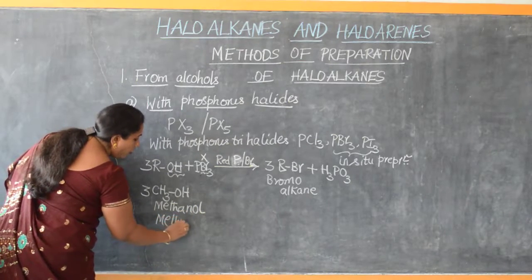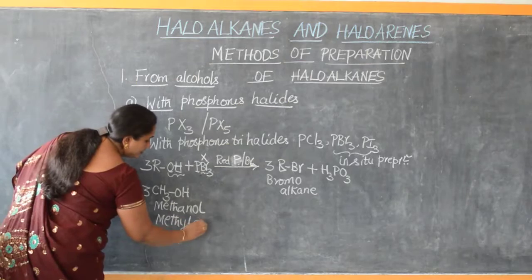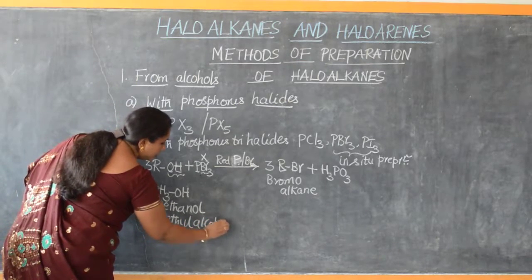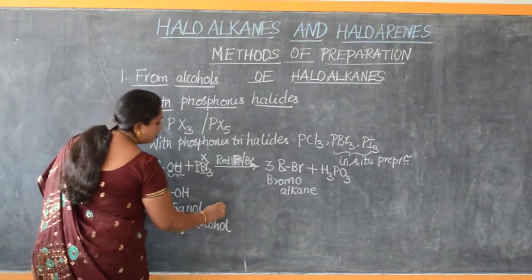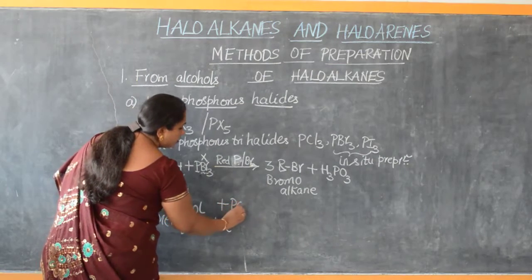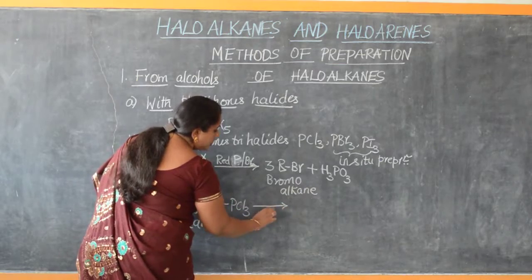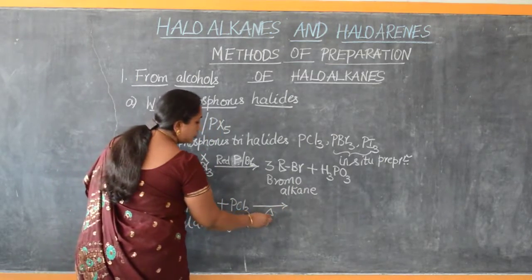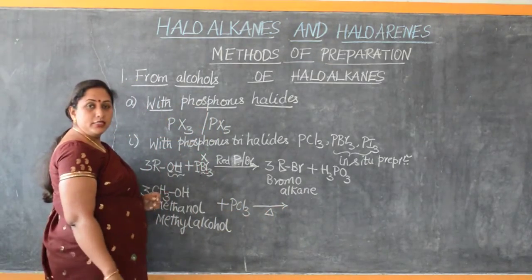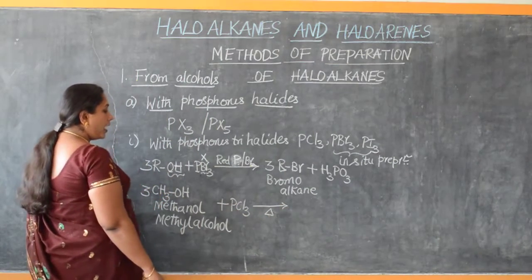Methyl alcohol is its trivial nomenclature. Let me say it is treated with phosphorus trichloride. Treat means here we are subjecting it to the process of heating. Heating process is indicated by a delta sign below the arrow.